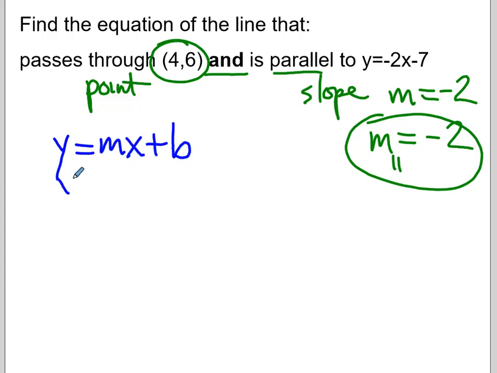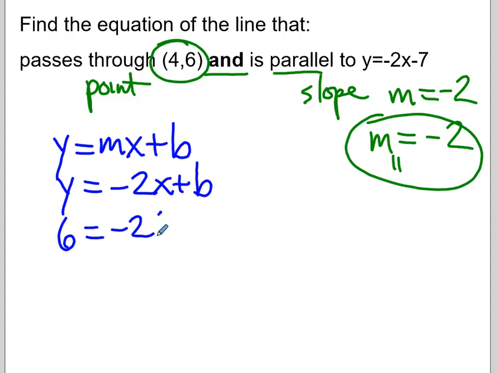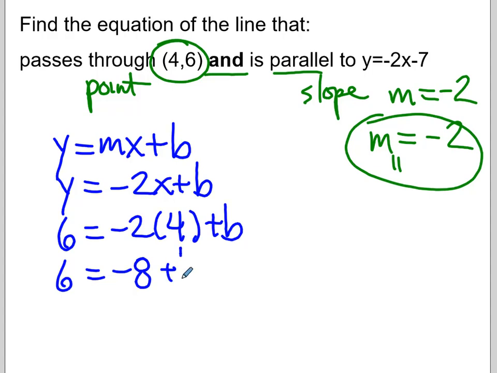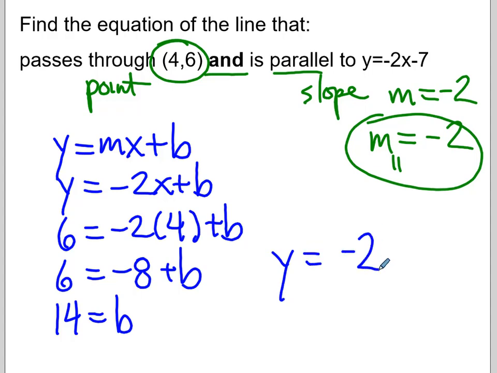So I write down my equation, I sub in my slope, I sub in my point, I solve for b, and I think I get, what, 14 for b, and then my equation becomes filling in the slope and the y-intercept.